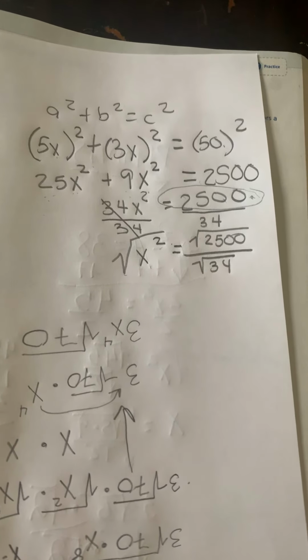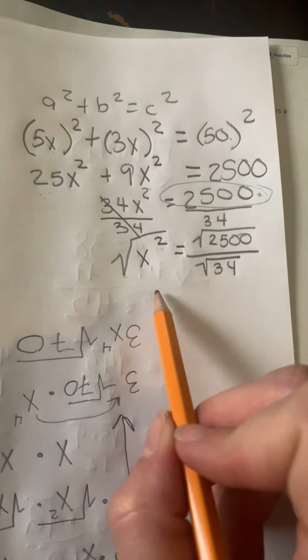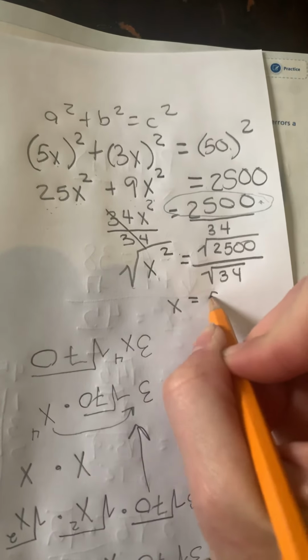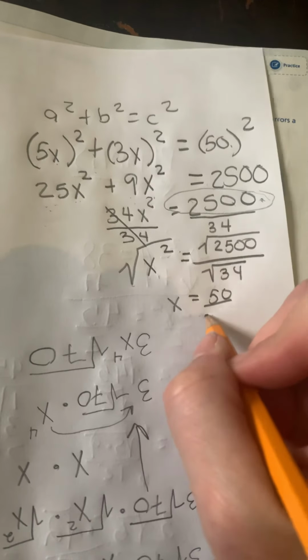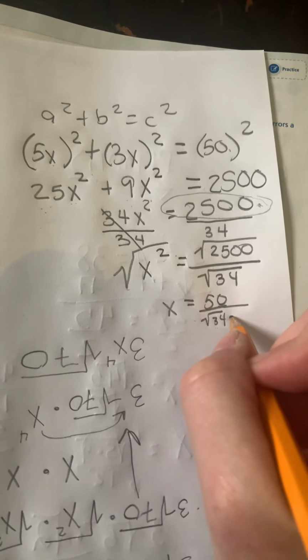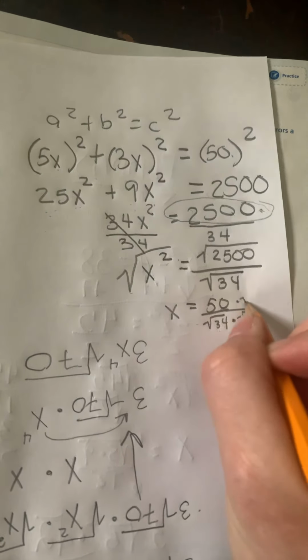Oh gosh, this is another weird one with the thing in the denominator. So x equals 50 over the square root of 34. But you can't have this down here, so you multiply by the square root of 34 again.